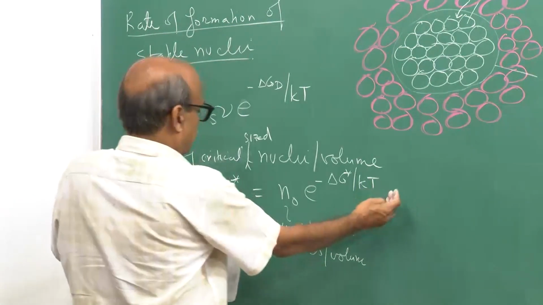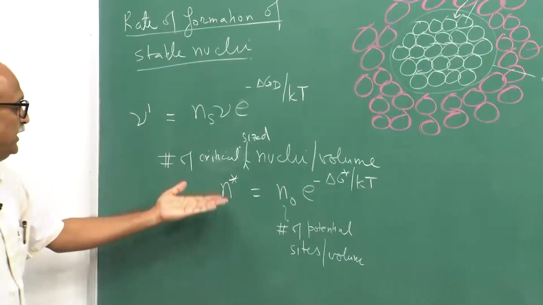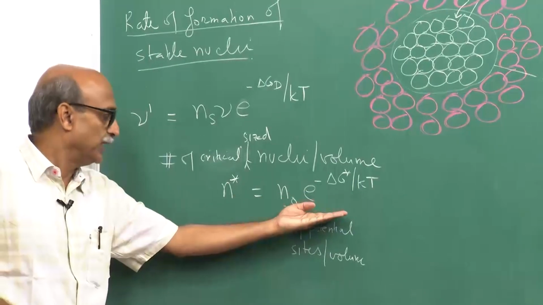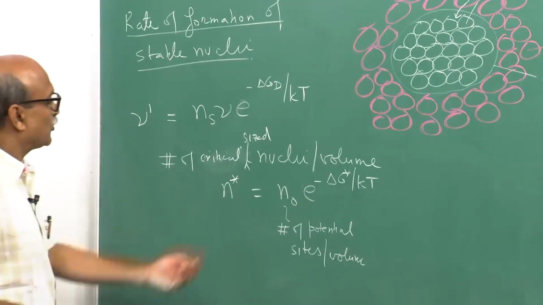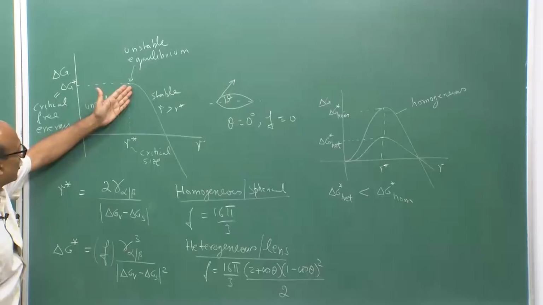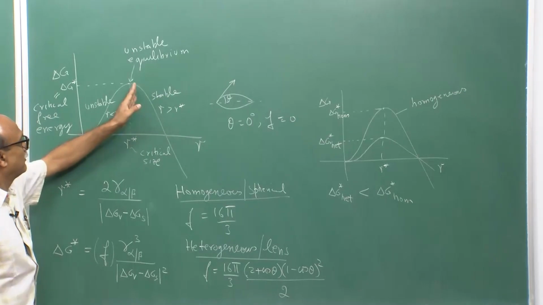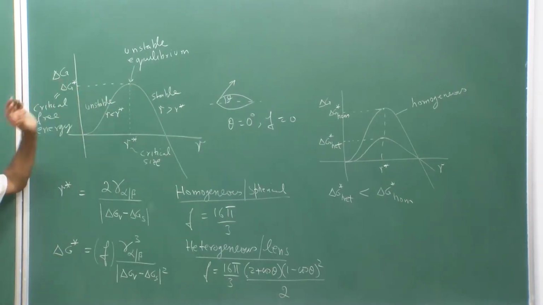So, at any given time I can expect to find so many critical size nuclei per unit volume, out of which some of them would roll forward and become stable, while many others would roll back, become unstable and dissolve back.